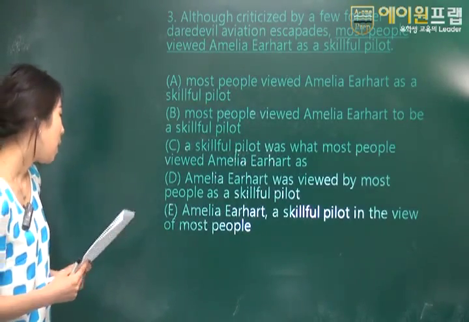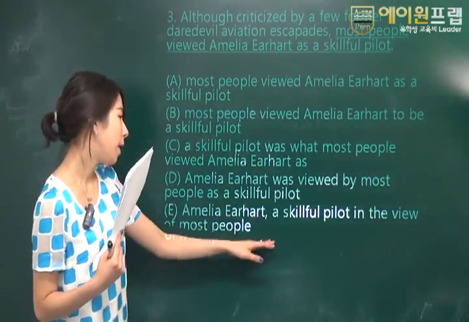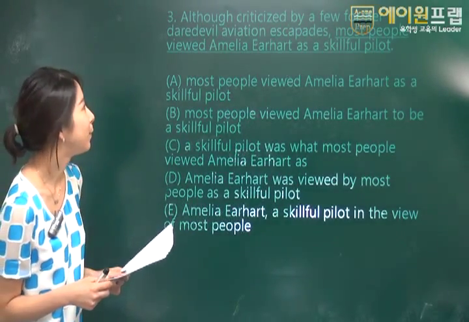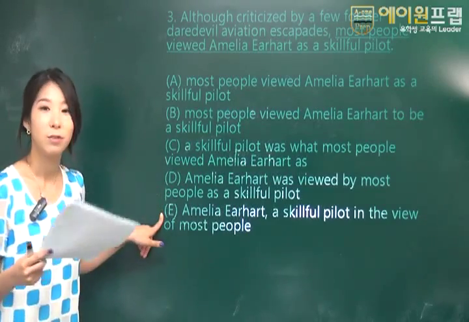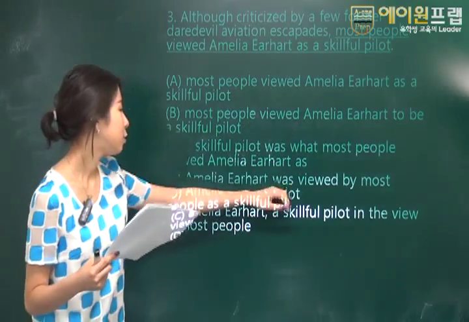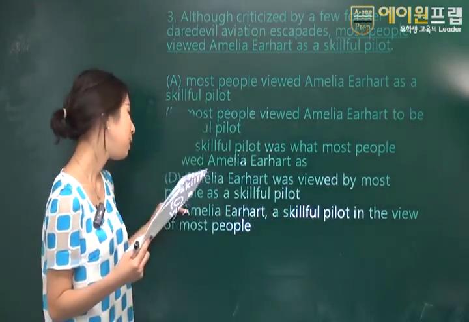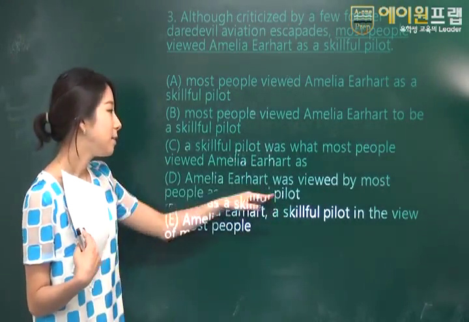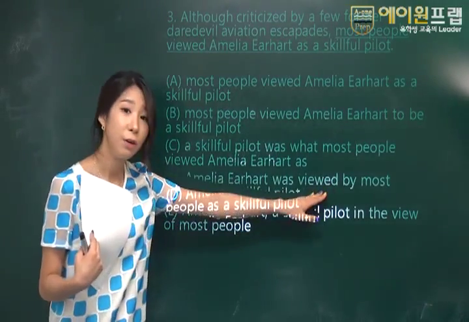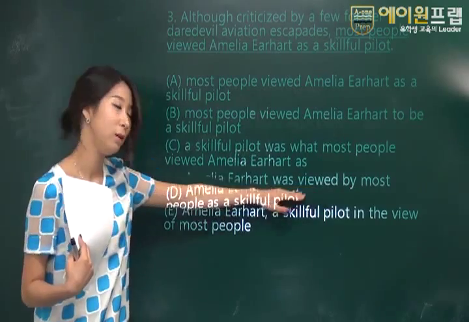So let's look at E. Amelia Earhart, a skillful pilot in the view of most people. So what's the problem? E doesn't have a verb, and D does. She was viewed by most people as a skillful pilot. This isn't a passive voice, but was viewed by. She was viewed, right? This is the verb.